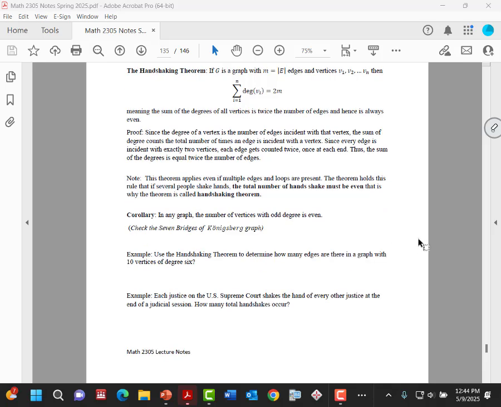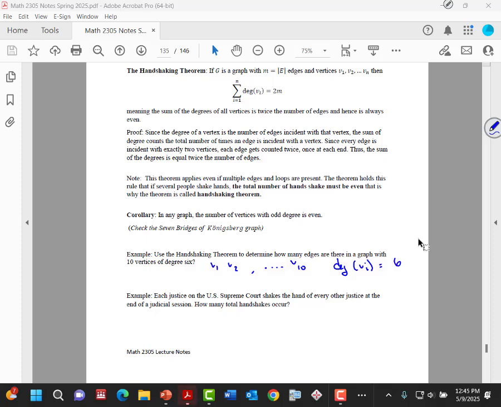So use the handshaking theorem to determine how many edges are there in a graph with 10 vertices of degree 6. Okay, so I have in essence v1, v2, all the way out to v10, and the degree of each v sub i is 6.